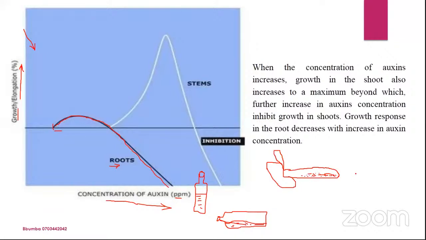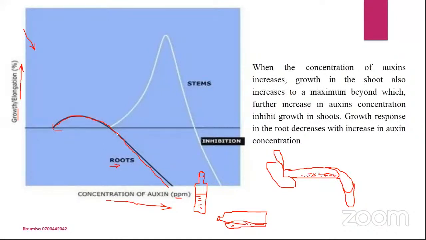So the upper part is going to grow faster. This upper part without auxins is going to begin growing faster and faster, more than this side, and the root is going to begin bending downward and bending downward. So it's going to keep on bending downward like that.